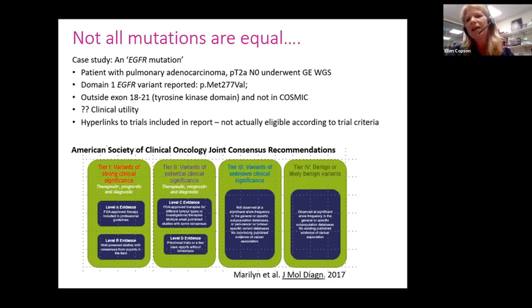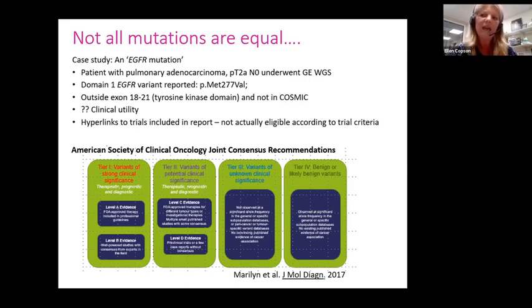So this is where a tumor board really comes in helpful with whole genome sequencing, because you need to look in depth at the variants you're being told about. It's also worth being aware that ASCO, in conjunction with the American Molecular Pathology Board, has come up with consensus guidelines which are slightly different, and they tier variants at variant level rather than gene level in terms of the evidence base for their clinical significance.